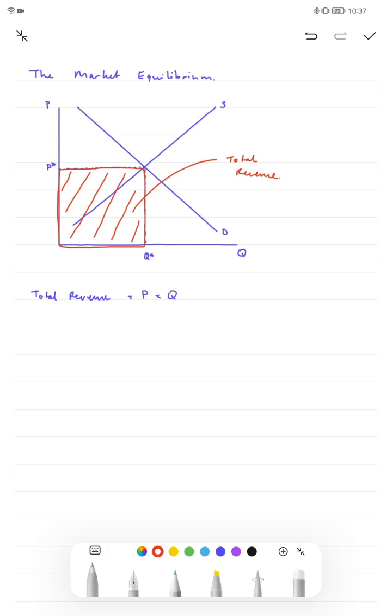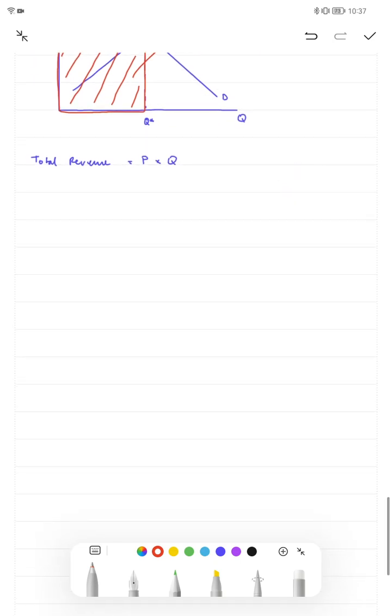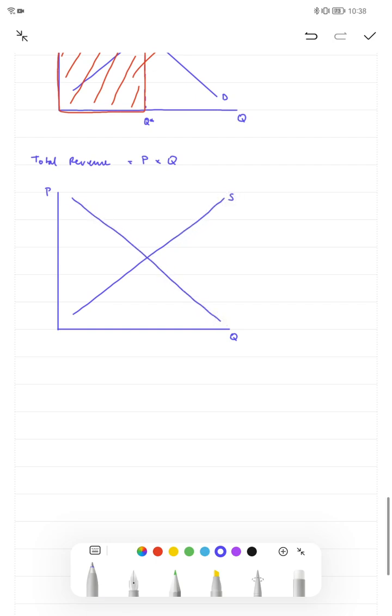We can also see some other pretty interesting concepts from the market equilibrium. Again, if we just very quickly draw a graph, we have the upward sloping supply, the downward sloping demand, our equilibrium price, and our equilibrium quantity.